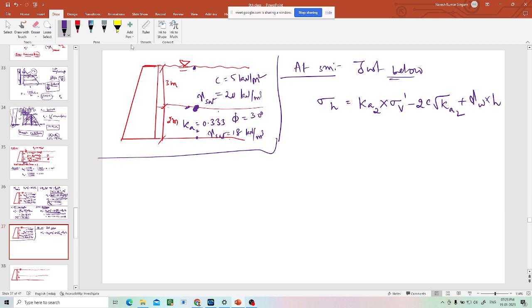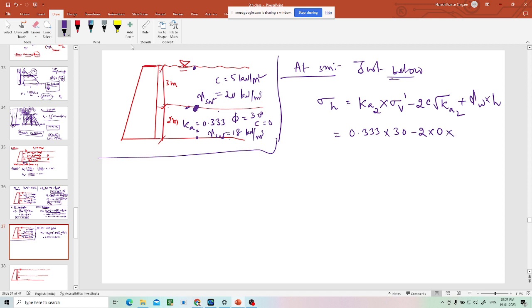So at 3 meter, just above or just below, nothing changes other than the Ka value. So what is the Ka value? 0.33 multiplied by sigma v dash, which is 30, minus 2 into, now just below, what is the c value? Sir, 0. You have to put 0.